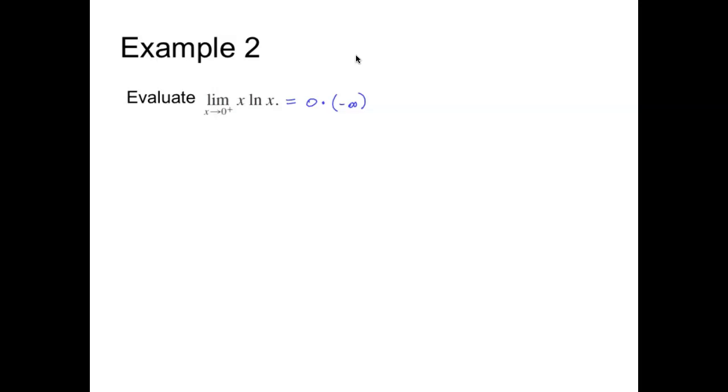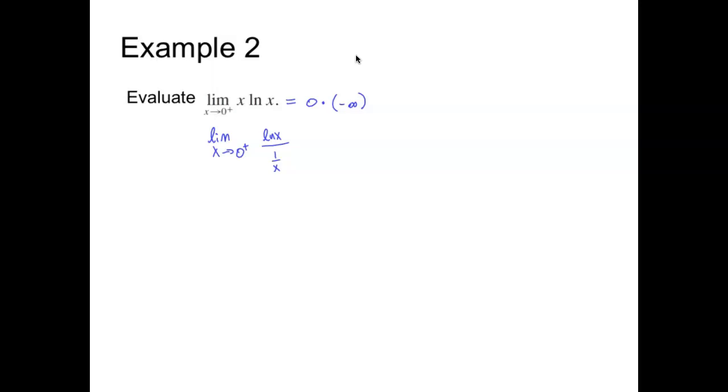So we need to rewrite this product as a quotient. And you can choose to do one of two things, right? I could write it as x over 1 over natural log x, or I could write it as natural log x over 1 over x.